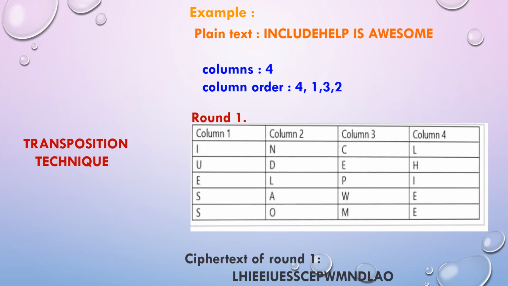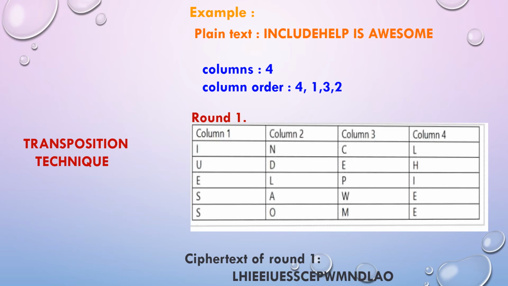Then we get the first column, which contains the letters I, U, E, S, S. The second column contains N, D, L, A, O. The third column contains C, E, P, W, M, and the fourth column contains the letters L, H, I, E, E. Now we have to read the message in a column manner using the decided order.